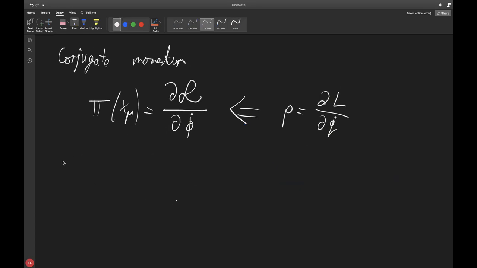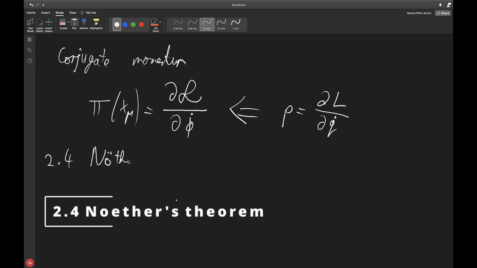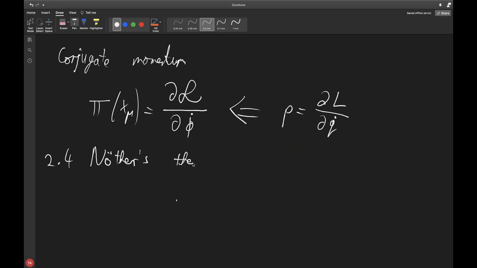And then the last thing for this video is Noether's theorem. Noether's theorem is one of the most interesting theorems. It can also be very mathematical, but for now I'm not going to be super mathematical about it.